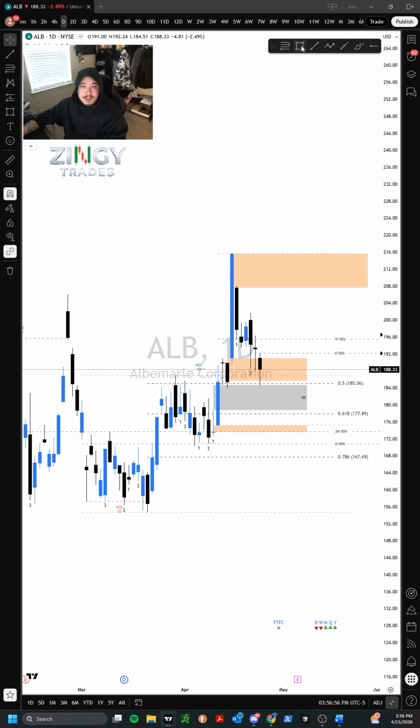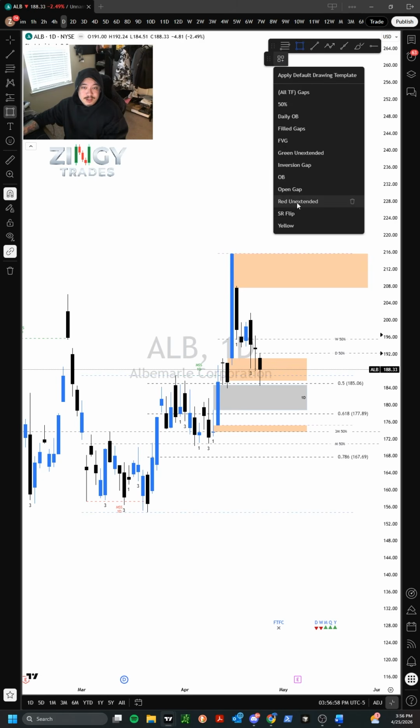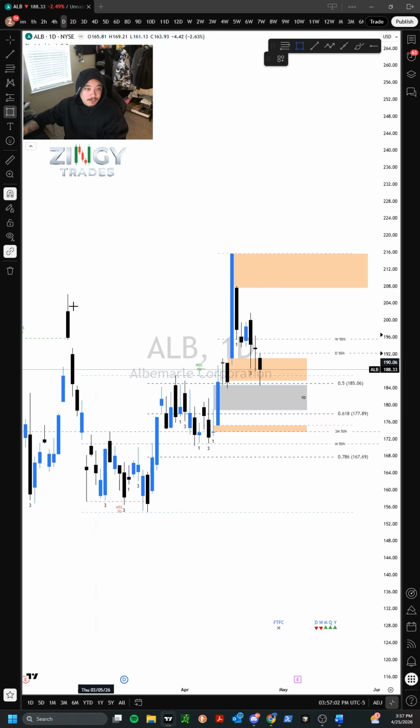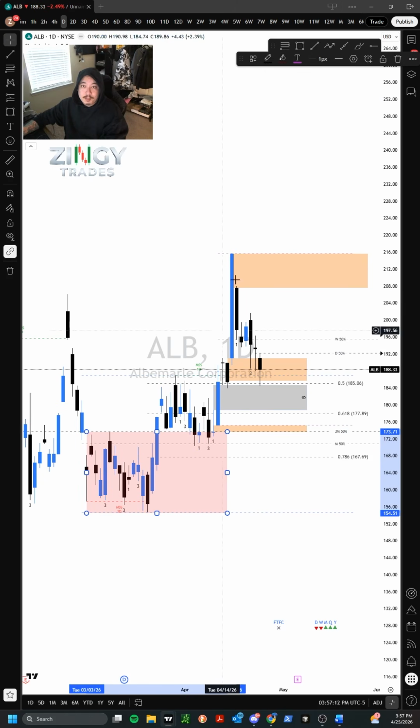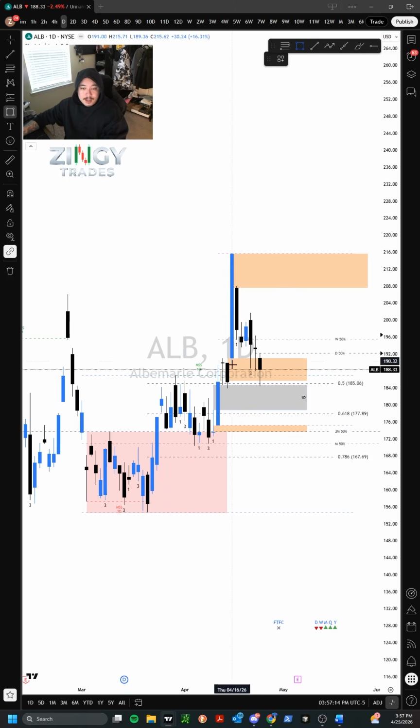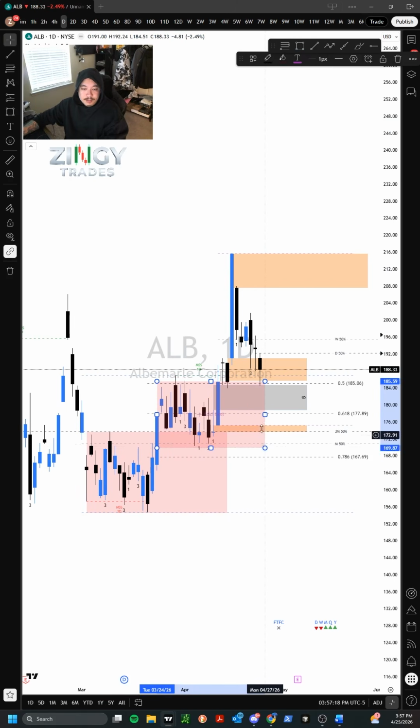One thing about ALAB that is interesting, you can see how price has reacted previously. If we take a look at this range here, you can see what price did. Price actually came back and retested this range last time before the move went higher. And now price is doing something similar again for this leg.